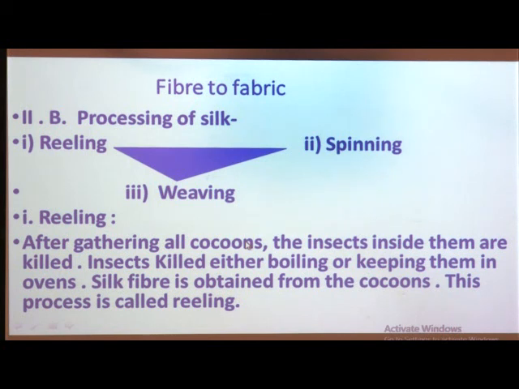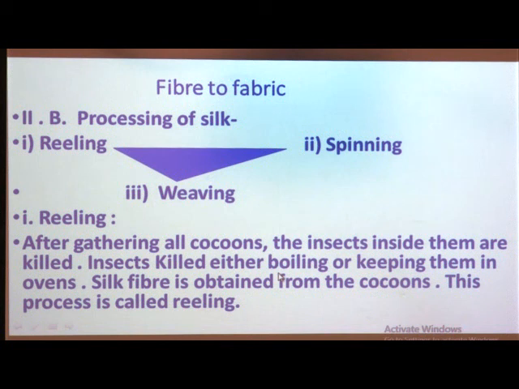Because of that, the insects inside these cocoons are going to die, and we can easily collect the fiber which is there in a cocoon. Then silk fiber is obtained from the cocoons, and this whole process is known as reeling.